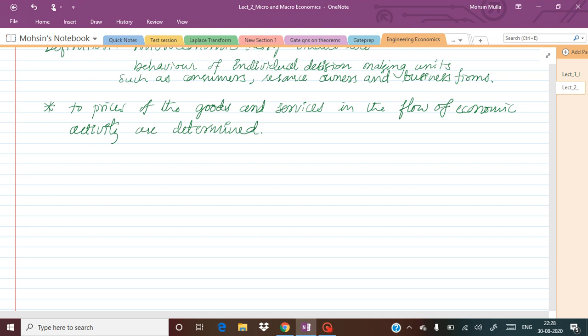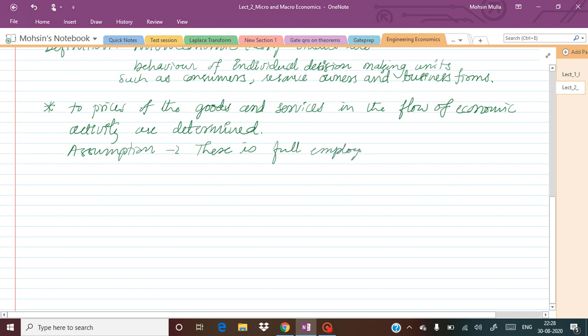So the important feature of microeconomic theory is that while conducting the economic analysis on a micro basis, generally an assumption is made. That assumption is that there is full employment, because it doesn't bother about the other sector or other firm or other people. It just concentrates on a particular unit.